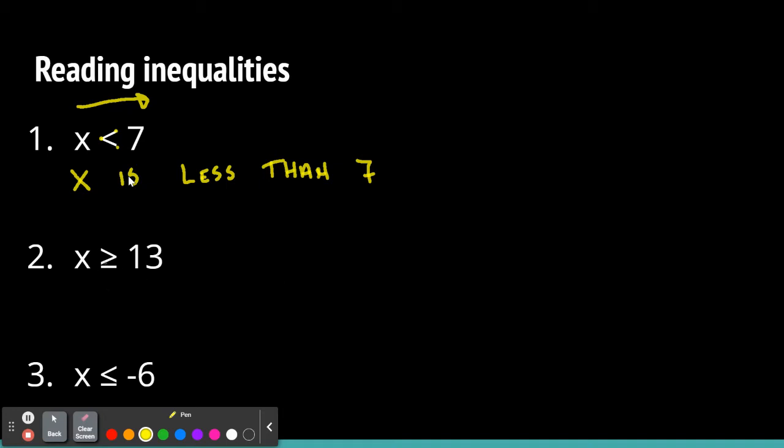Remember, this line underneath here is going to imply also that this value can be equal to. So this is x is, and then notice it's on the bigger side, reading from left to right. So x is greater than 13 or equal to.